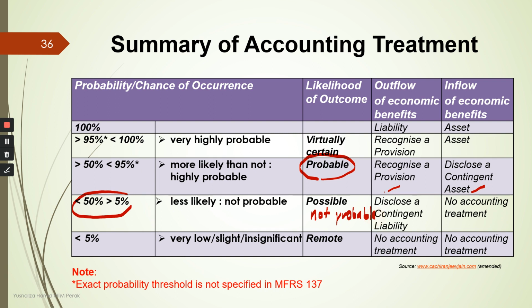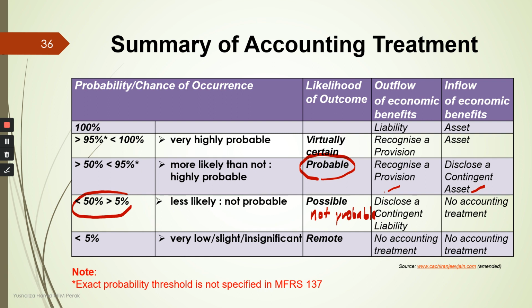If it's not probable, it will be disclosed as a contingent liability for the case of outflow of economic benefits, which is associated with the recognition criteria for provision. And if it's related to the contingent asset, that is going to be no accounting treatment.